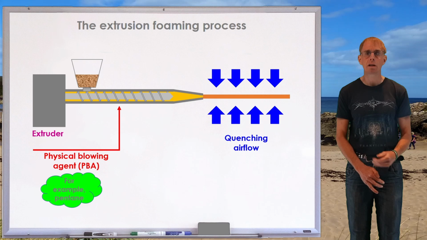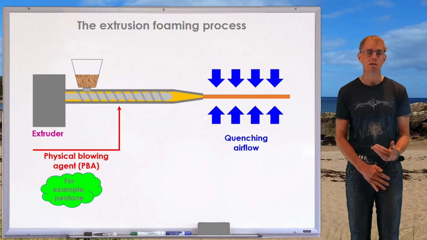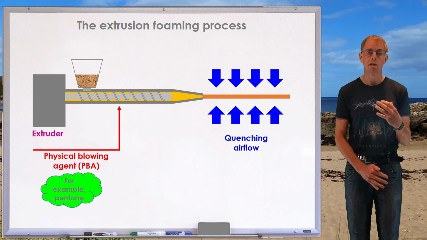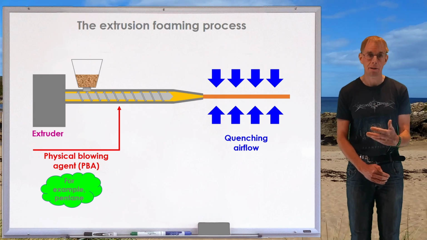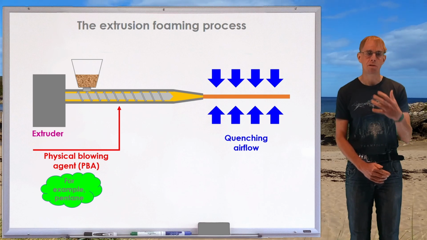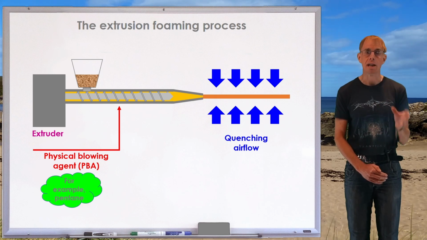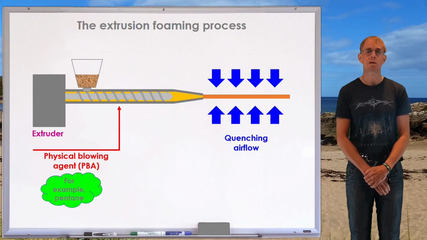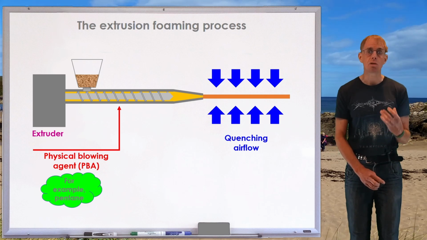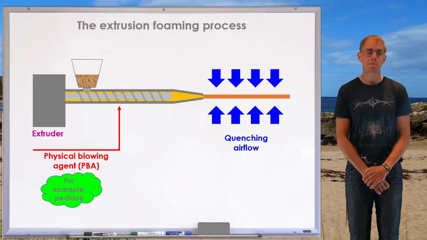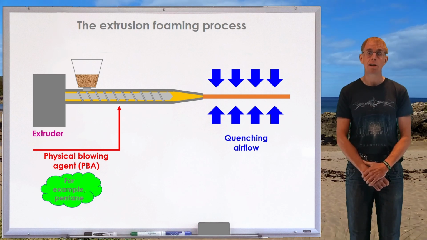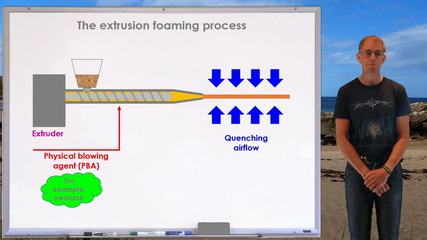And of course, what we can learn from this old embodiment of the process is that you need good mass transfer from this liquid or gas phase into a solution. And so we need to understand properties of solubility, and especially how that solubility varies as a function of temperature and pressure. And then if we understand that, what we can do is to replace these older, more harmful physical blowing agents with newer, less harmful physical blowing agents.